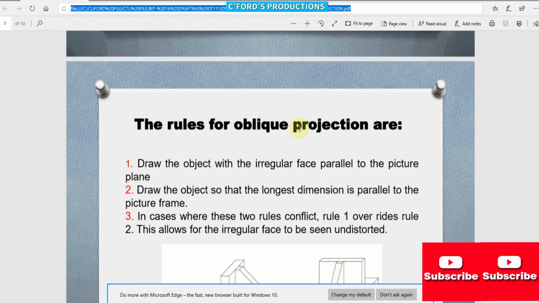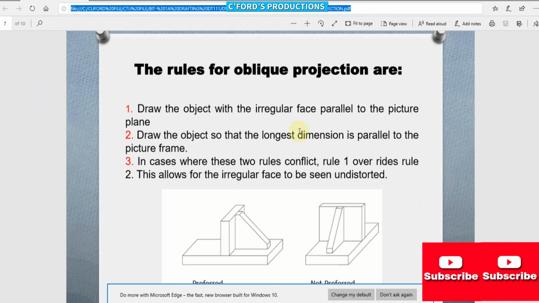Okay, so in oblique projection, there are rules. First rule, draw the object with the irregular face parallel to the picture plane.